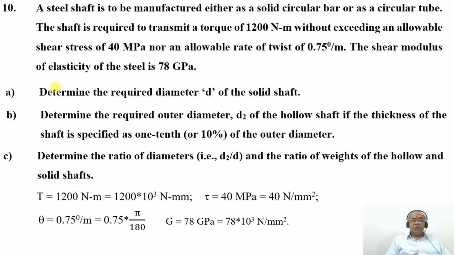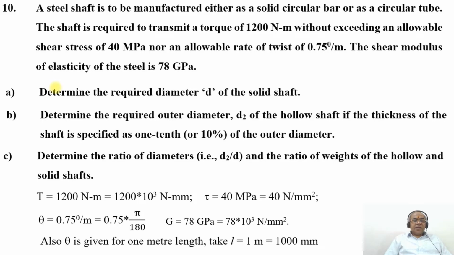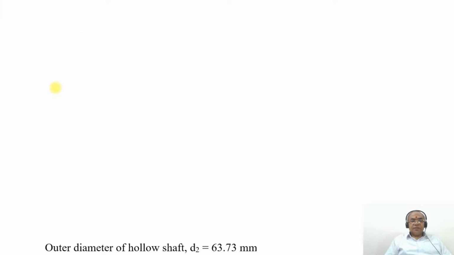And G, which is equal to 78 GPa, which is 78 into 10 to the power of 3 Newton per mm square. Also, theta is given for 1 meter length, so L will be equal to 1 meter, which is 1000 mm.